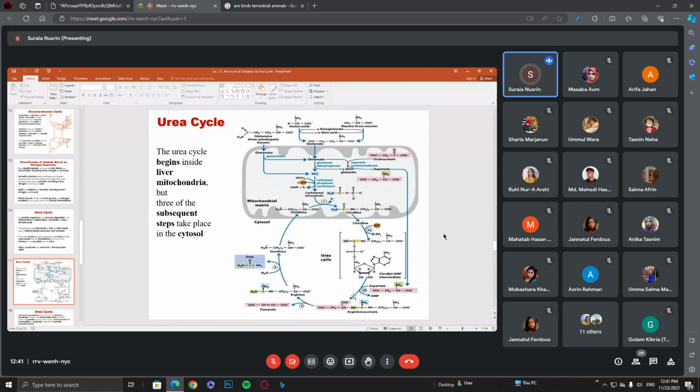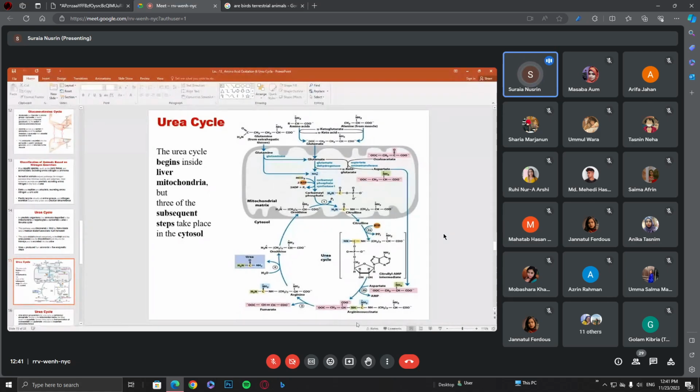Arginosuccinate contains the aspartate, with its amino group here, and the citrulline, with the other amino group coming in the form of carbamoyl phosphate. The whole intermediate of this urea cycle is called arginosuccinate.